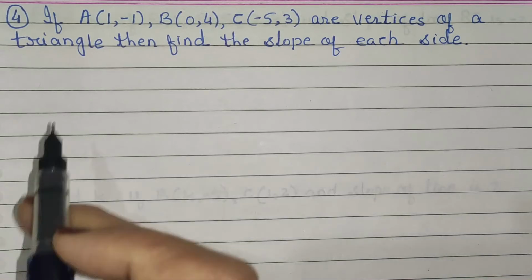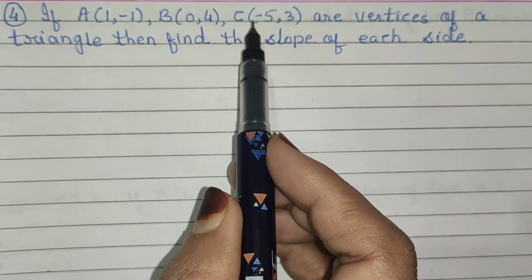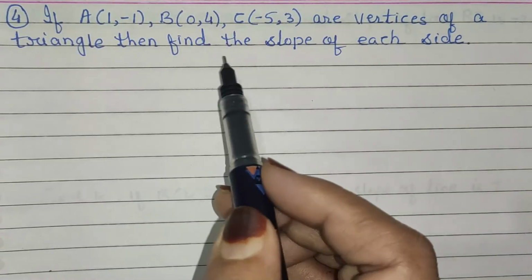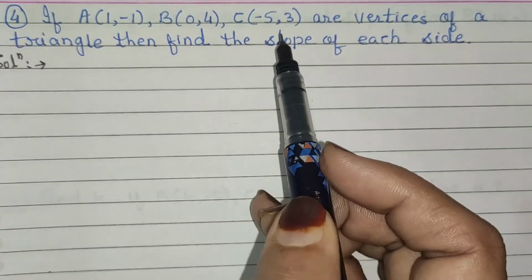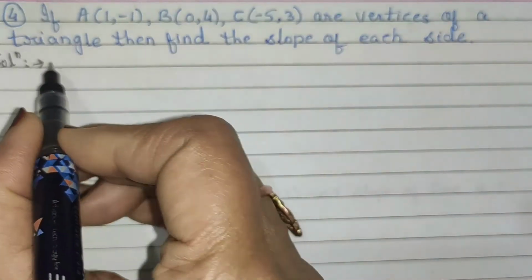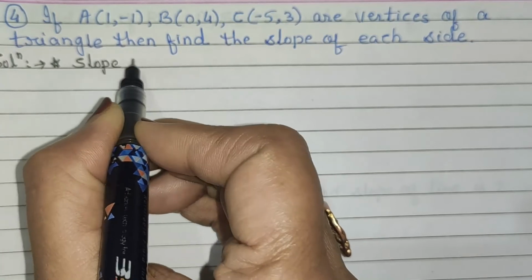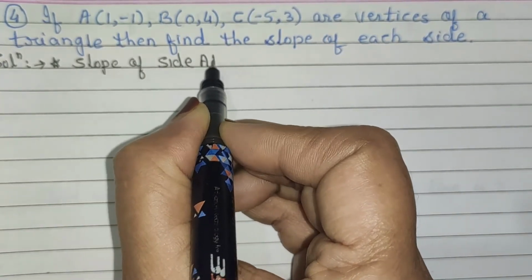Now next question is, if the coordinates of point A, B and C are given here are vertices of a triangle, then find the slope of each side. Sides of triangle ABC are AB, BC and AC. Therefore first find out slope of side AB.